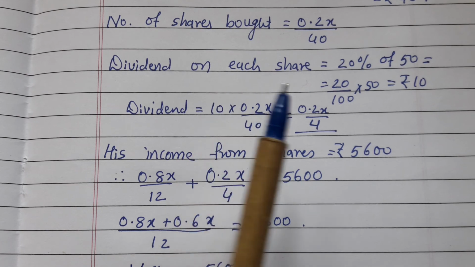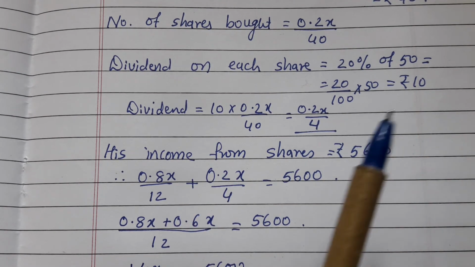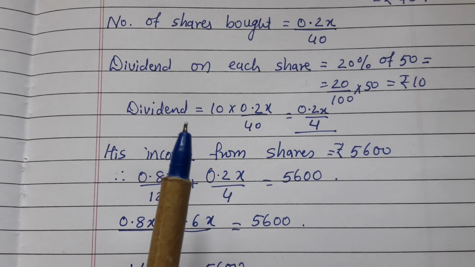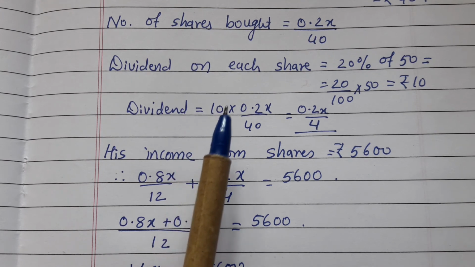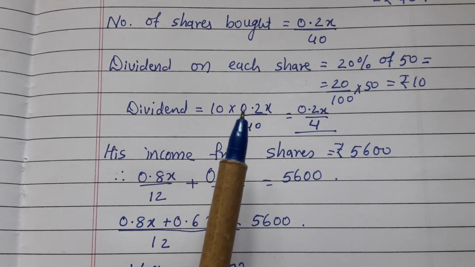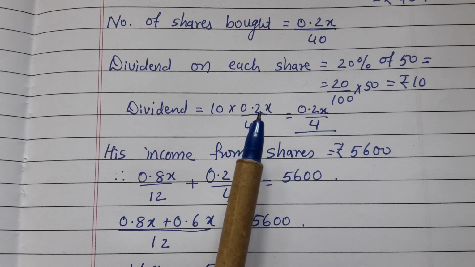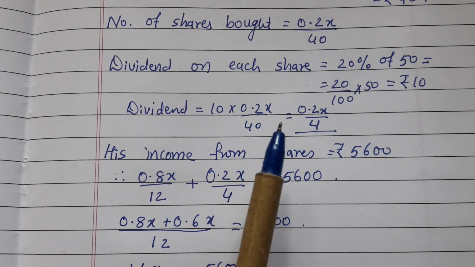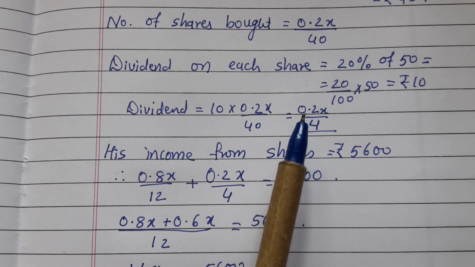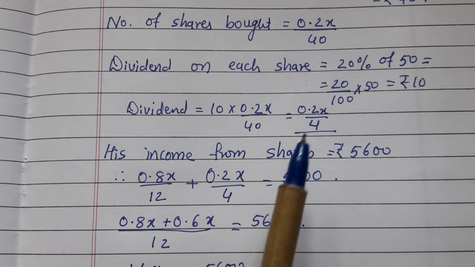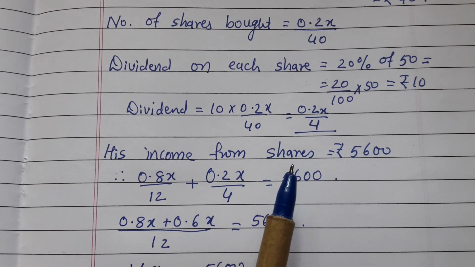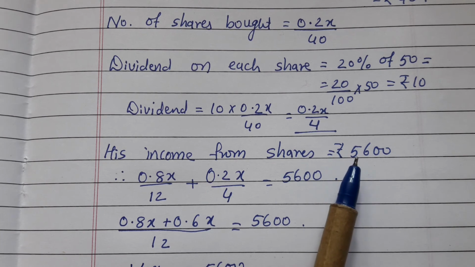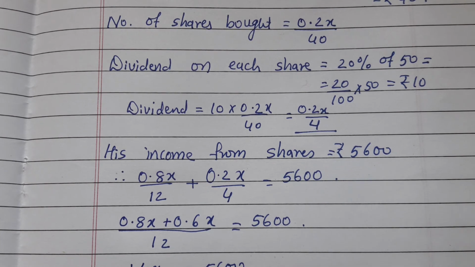Dividend on one share is equal to rupees 10. Total dividend is equal to 10 into number of shares. That is 0.2x upon 40, that is equal to 0.2x upon 4. His income from the shares is rupees 5,600.